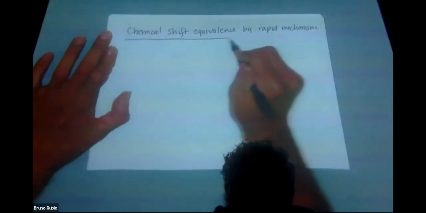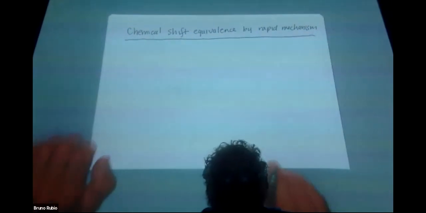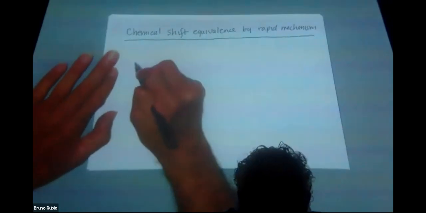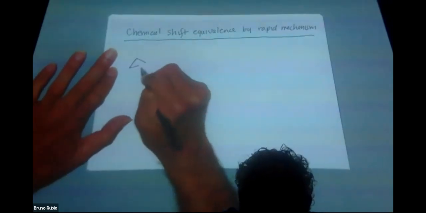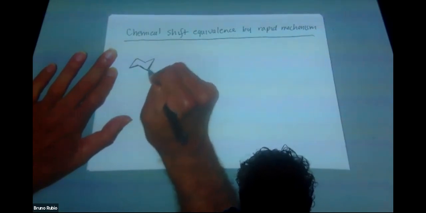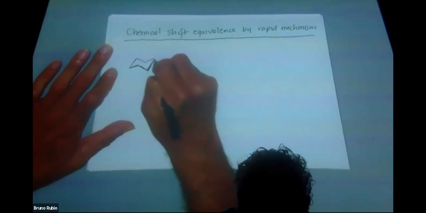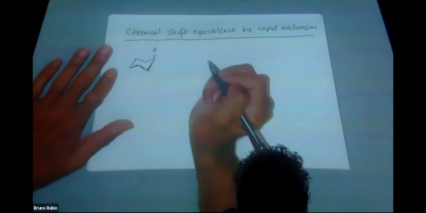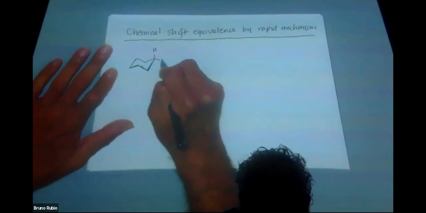All right, so by way of introduction to this topic, let's look at chair cyclohexane. All right, so we have our chair, and we have axial protons and equatorial protons.